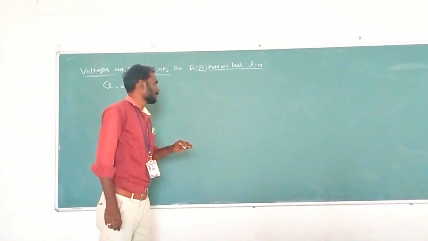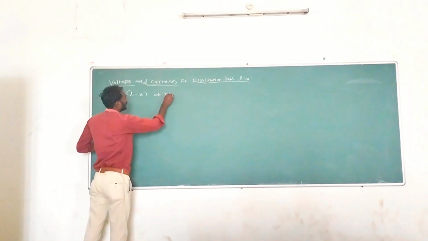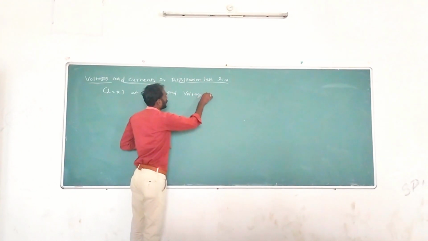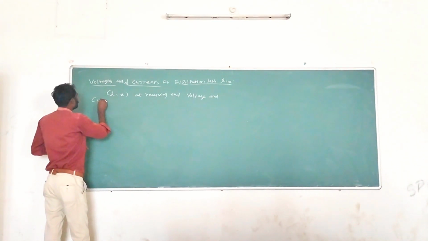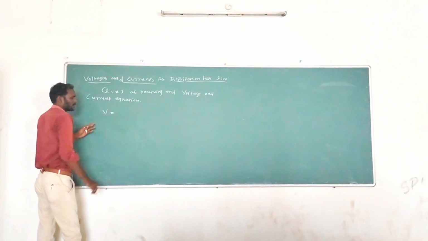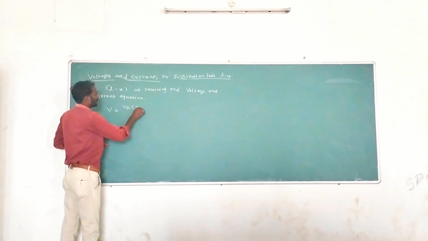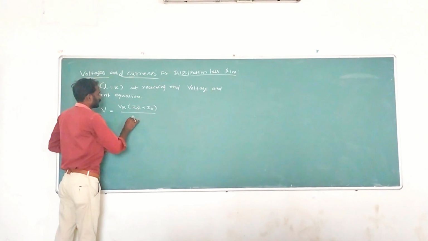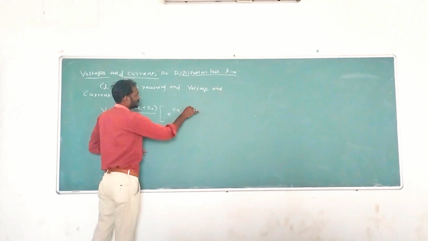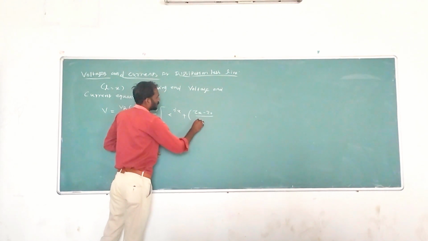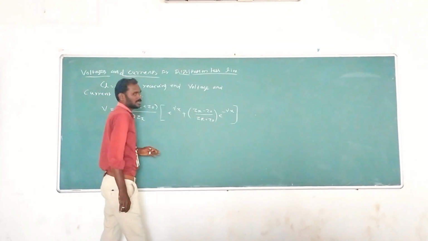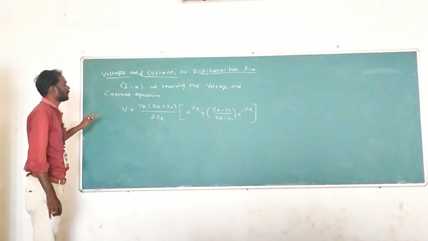At the receiving end, the voltage equation is V is equal to VR times (ZR plus Z0) divided by 2 ZR into e power gamma X plus (ZR minus Z0) divided by (ZR plus Z0) into e power minus gamma X. So this is the voltage expression of the transmission line at the receiving end.